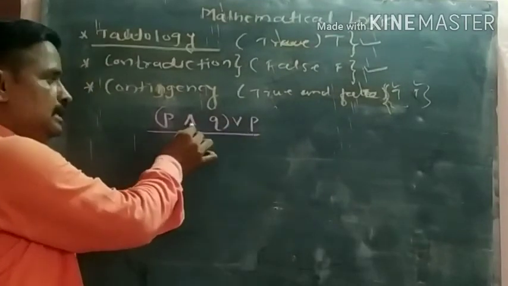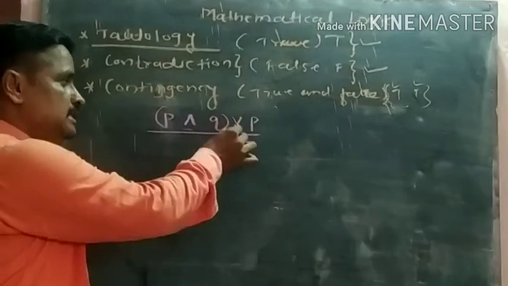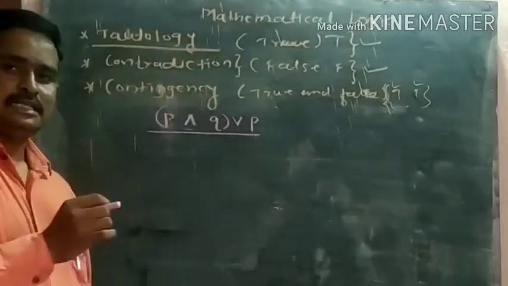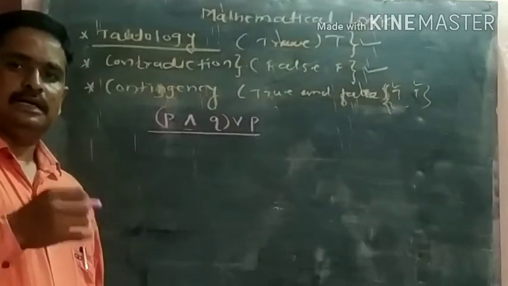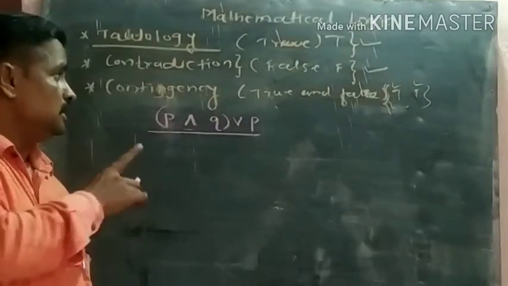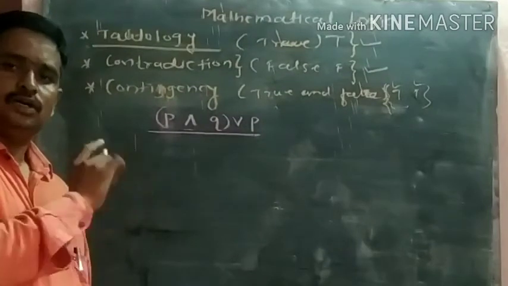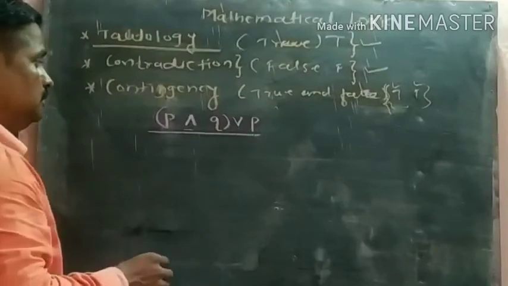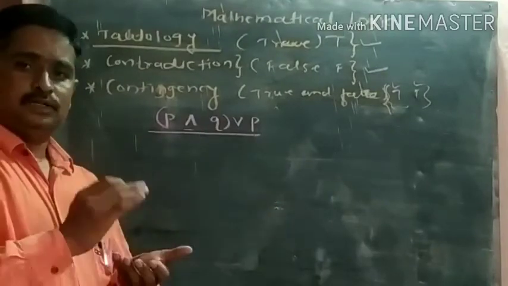So P conjunction with Q, disjunction with P. We have to construct a truth table, and after this we have to conclude whether it is a tautology, contradiction or contingency. So for this purpose we construct a truth table.